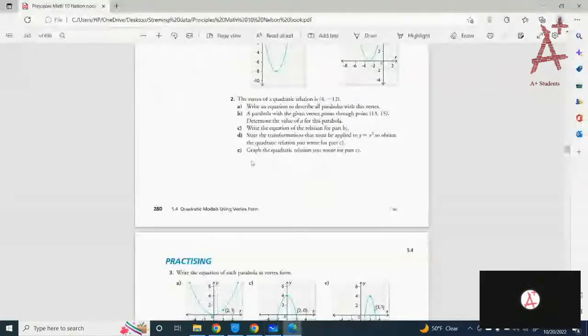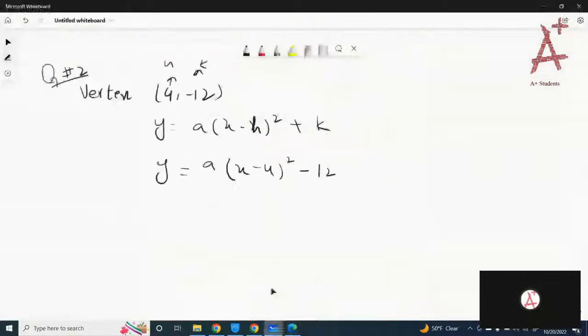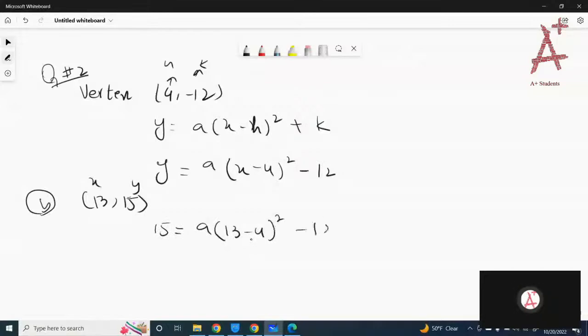Okay, now B: a parabola with the given vertex passes through the point 13, 15. Determine the value of a for the parabola. Now you're given the point 13 and 15. You have to find the value of a. So just use the point for the B part, 13 and 15. Just put the values of x and y in the equation and find the value of a. Got it? This is x, this is y. Use this equation: y, which is 15, equals a times 13 minus 4 whole square minus 12.